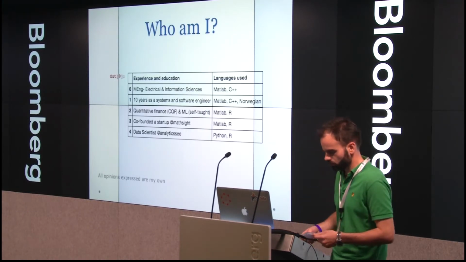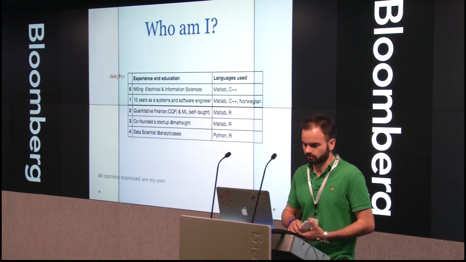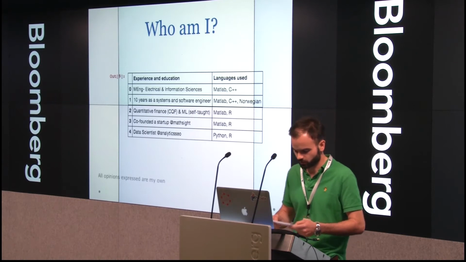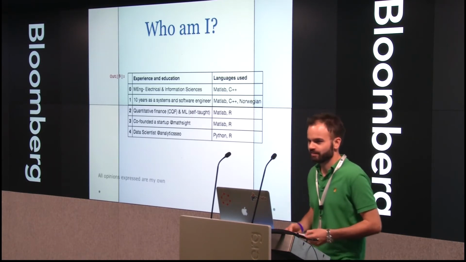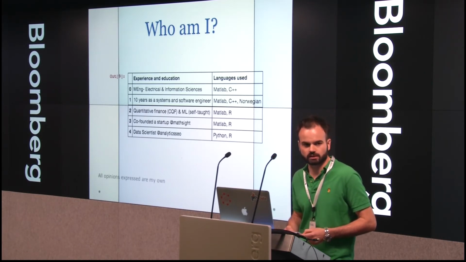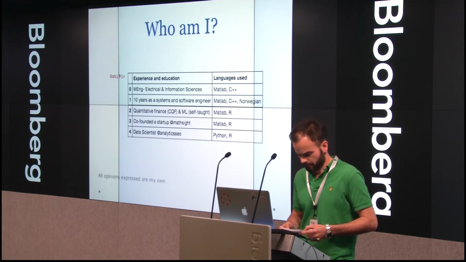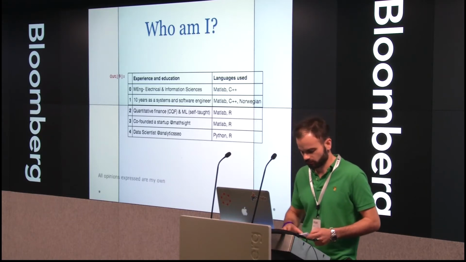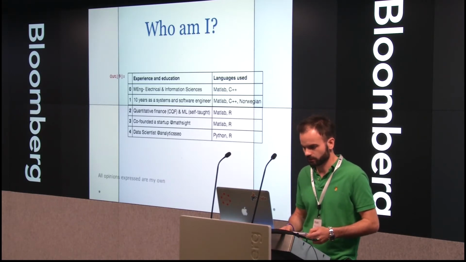So, who am I? I say I'm a data scientist, but I studied engineering, so masquerading as a data scientist. I did study electrical and information sciences, so it's as close as you can be to computer science and yet still be an engineer. I've worked for 10 years as an engineer, in several different countries, including Norway.